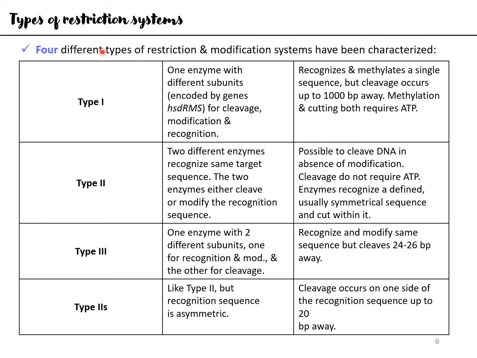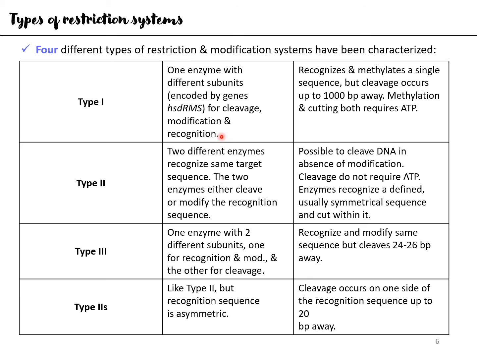Type 1. So type 1 restriction systems comprise one enzyme with different subunits encoded by the genes hsdR, hsdM and hsdS for cleavage, modification and recognition. So all 3 functions, that is cleavage, modification and recognition, are all performed by one single enzyme.